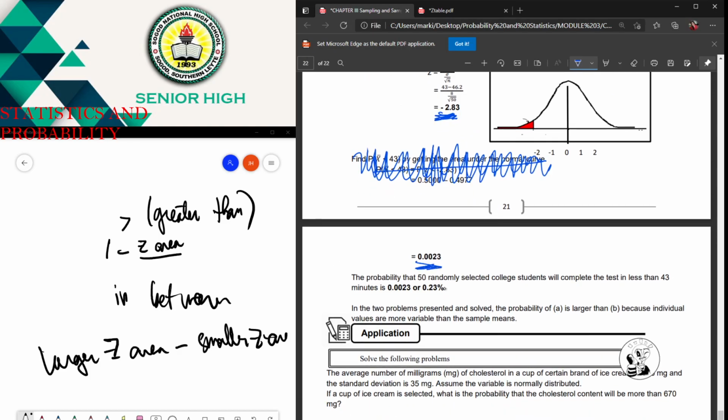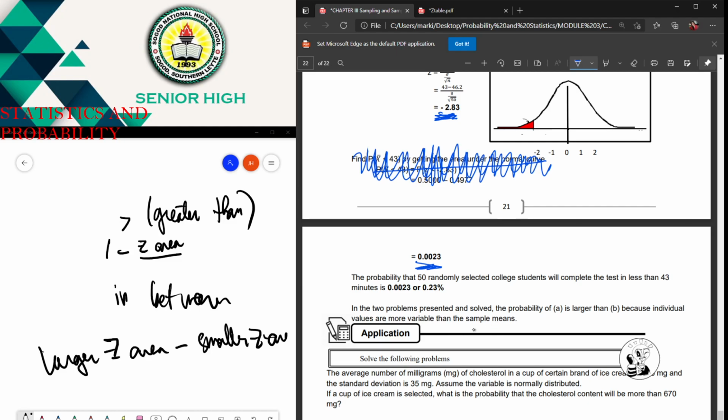So the probability that 50 randomly selected college students will complete the test in less than 43 minutes is 0.0023 or 0.23%. In the two problems presented and solved, the probability in A is larger than in B because individual values are more variable than the sample mean.